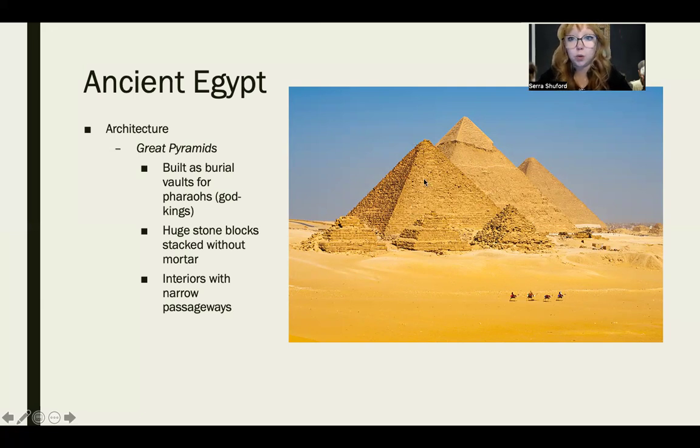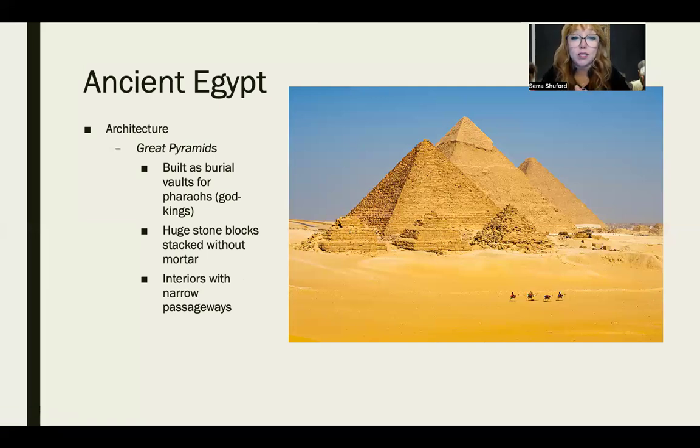These pyramids were used as long, complicated tombs to bury their god kings, and decorate them and honor them essentially. The pyramids are made from huge stone blocks, stacked without mortar or some sort of adhesive. It's dry masonry.